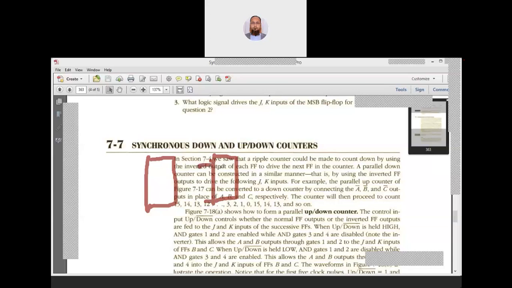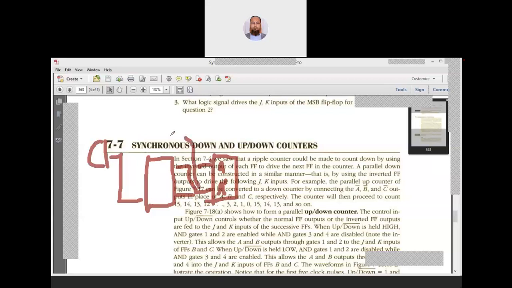So here we get the A, here we get the A complement. The complement output should drive the next state, and also the logic going into the AND gate is done by the complements of the previous two states.